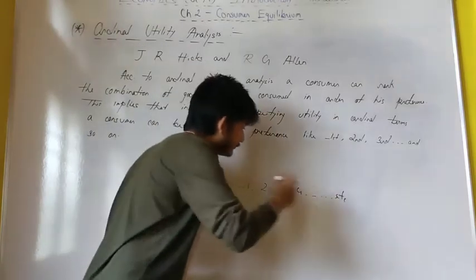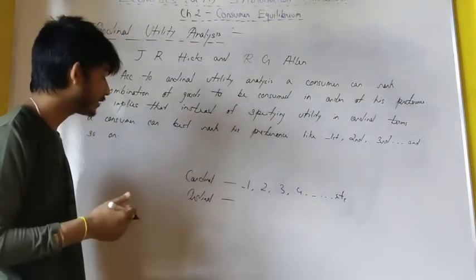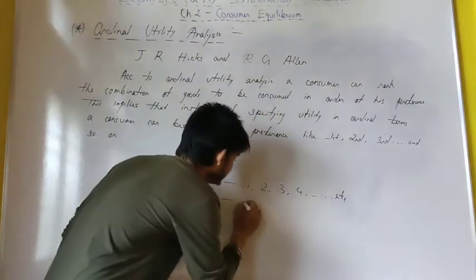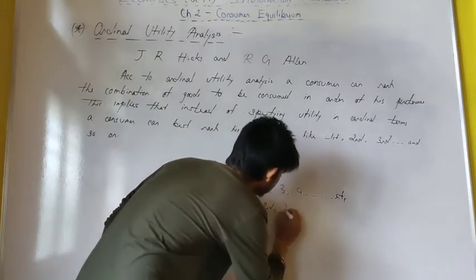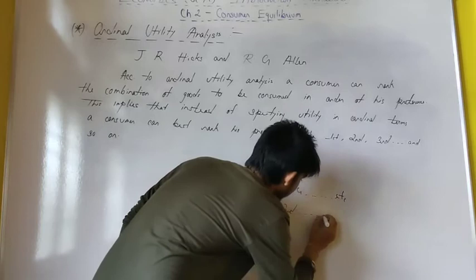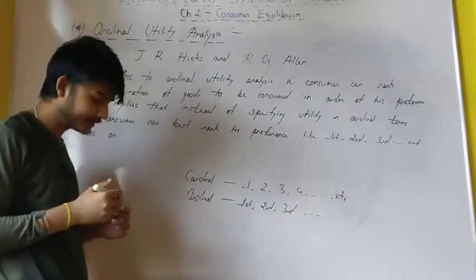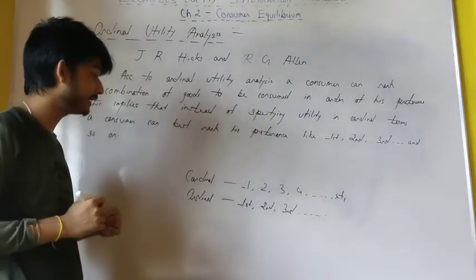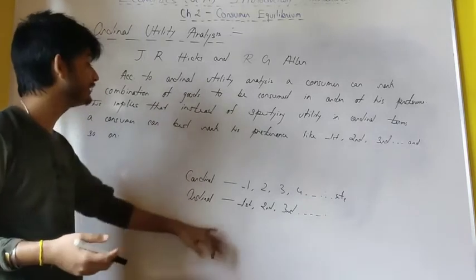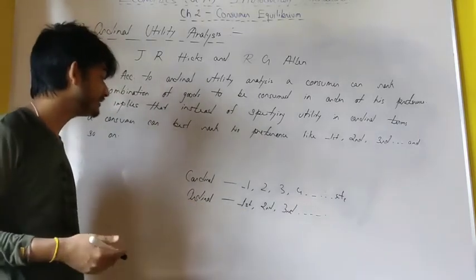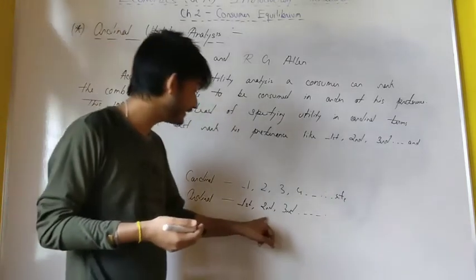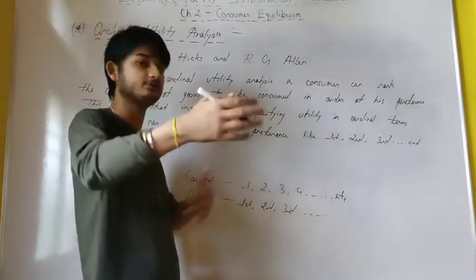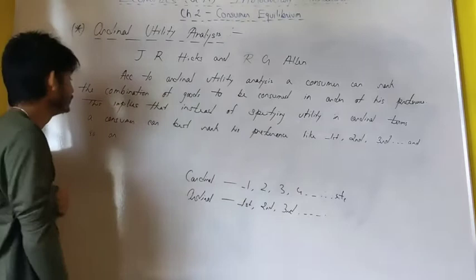Rather, a consumer can rank his preference: first, second, third, and like that. The commodity he likes the most, he will rank in the first place. The next liked commodity will be ranked in the second place, and so on and so forth.